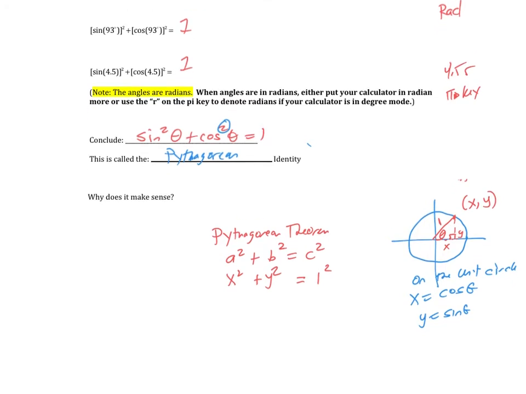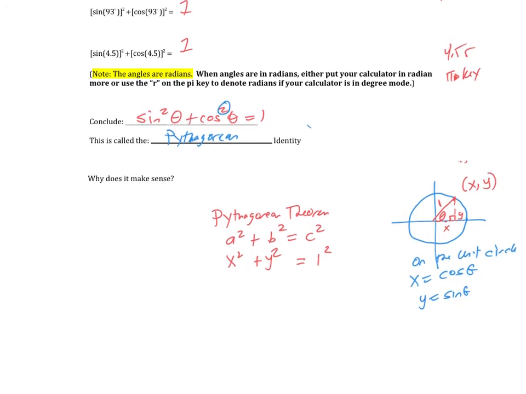So x is equal to cosine theta, so I'm going to write cosine squared theta, plus y is sine theta, so sine squared theta is equal to 1 squared is 1, and this is our first Pythagorean identity.